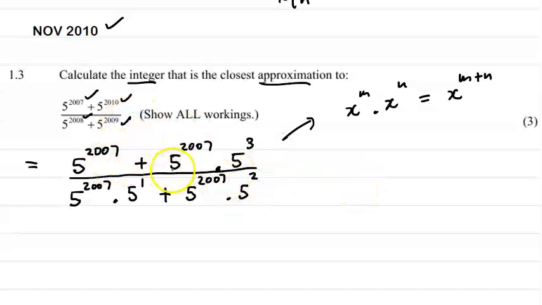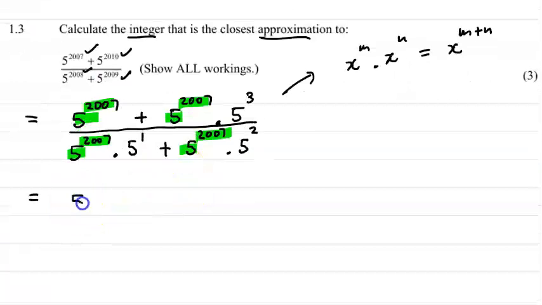Now the reason that we break it up is because you can now remove a common factor here. So you've got 5 to the 2007, 5 to the 2007, 5 to the 2007, and also 5 to the 2007 there. So you can remove that now as an HCF.